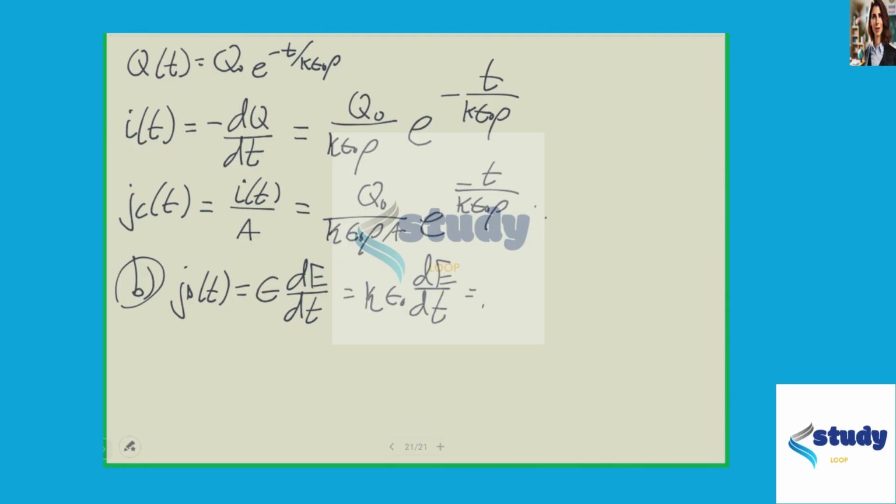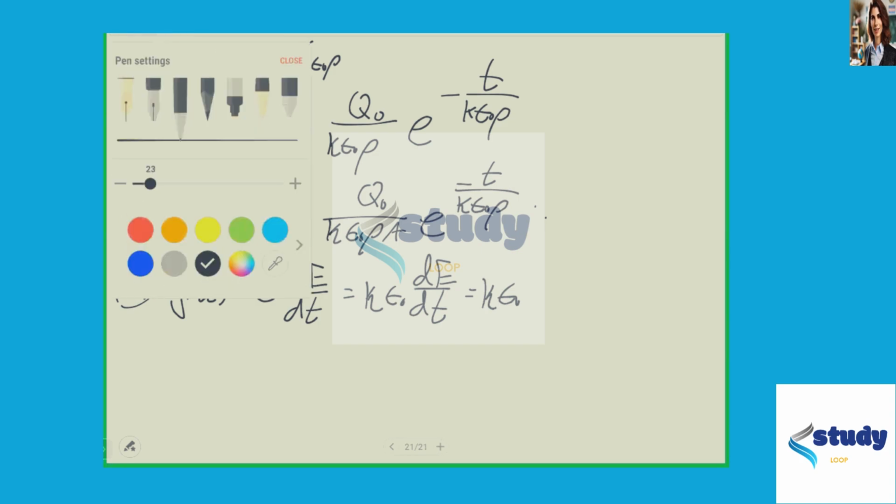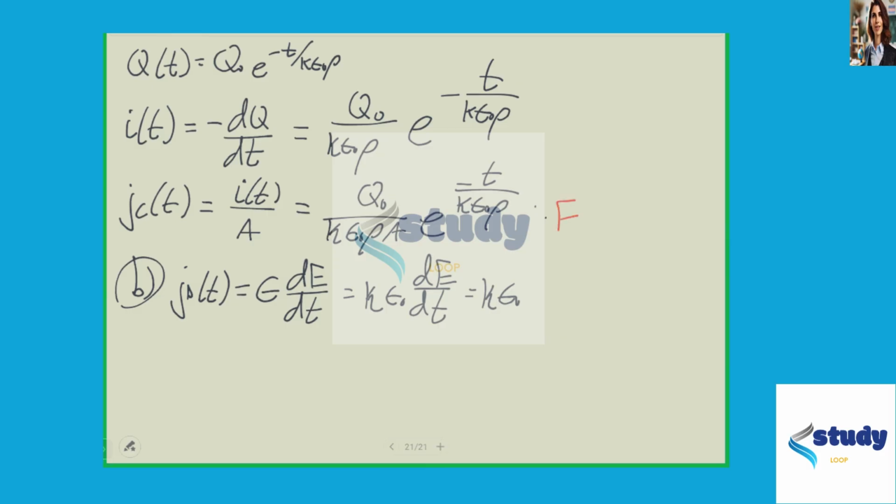And then we can use a formula for the electric field inside a capacitor. So remember that there's a formula for that. The electric field inside a capacitor is the charge divided by K epsilon naught A. All right, so that's what we're going to use in here.